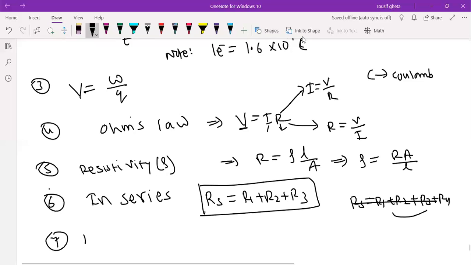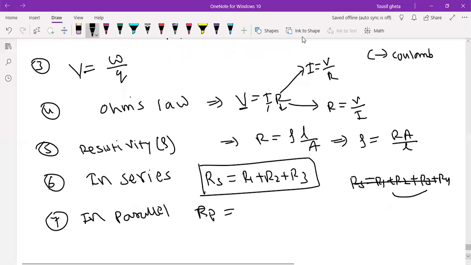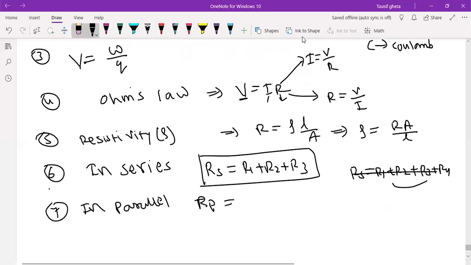Next, in parallel. RP means resistance in parallel. So RP we will not write directly, we will write the reciprocal. Okay, 1 by RP is the formula.